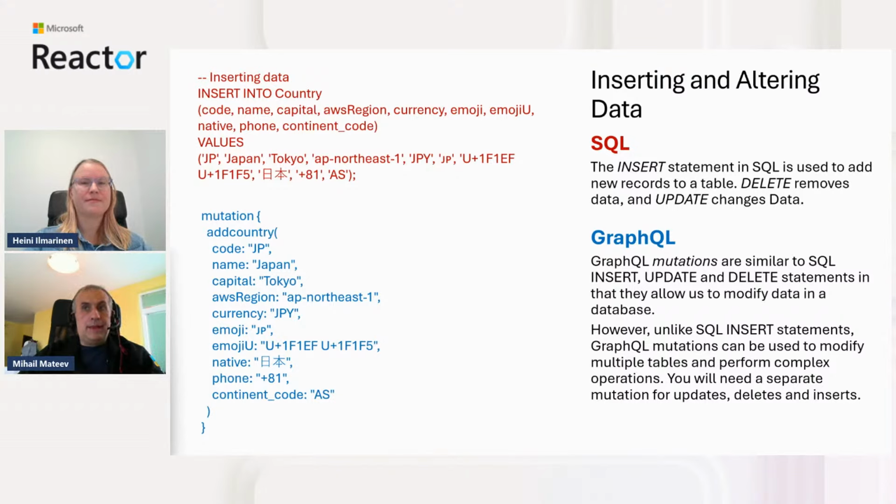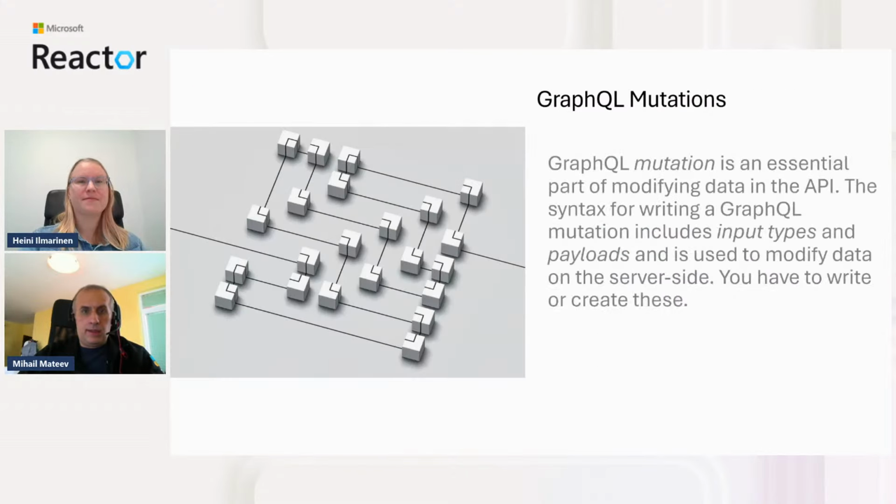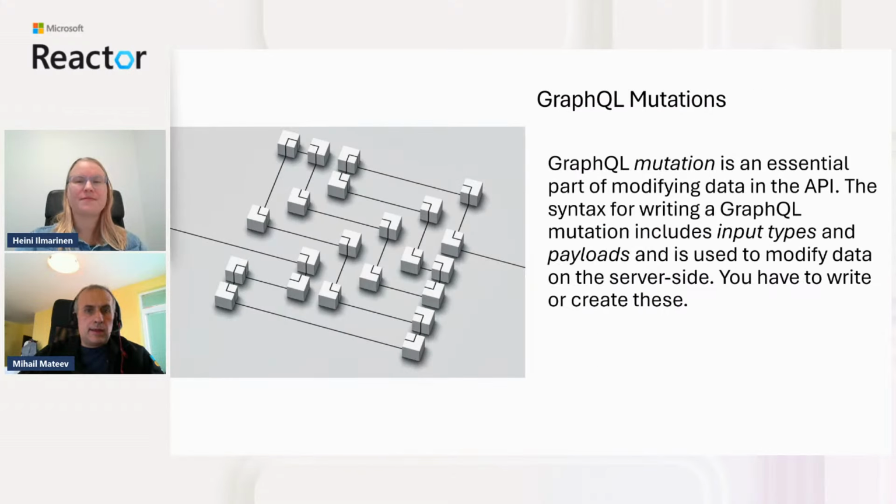We can go now to the next slide, and we will see one specific thing related to modification. Mutations by default are part of our schema. We will be able to update it, make some changes, and adapt the schema according to the exact needs of our application.